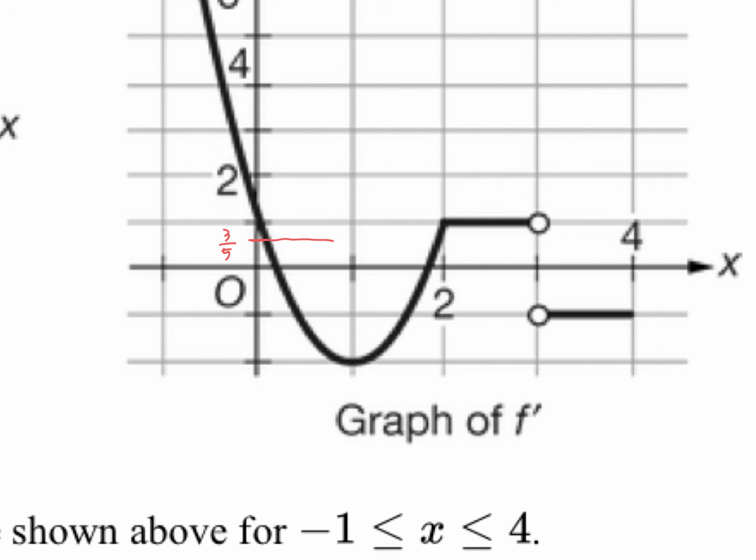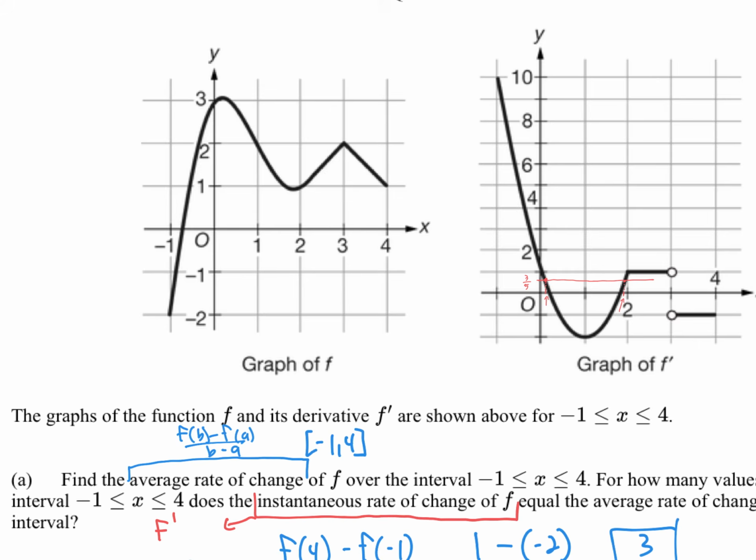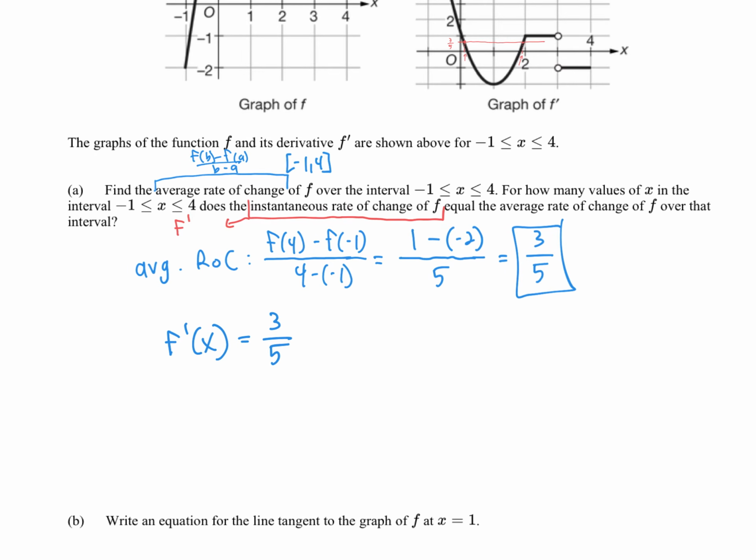So I would make just a horizontal line at 3/5. And so every time the graph crosses 3/5, at this x value, the derivative will equal 3/5, and whatever this x value here is, the derivative will equal 3/5 there. So we know the answer is 2 right now.